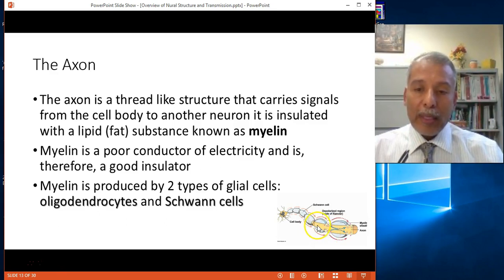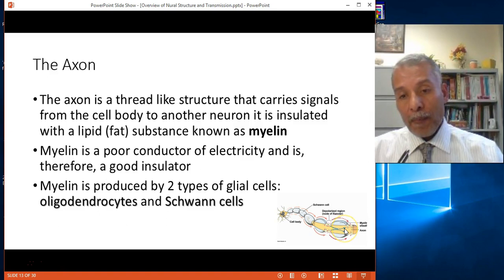And then when the current reaches these gates, it depolarizes the gates, and it causes the sodium and potassium to go in and out. And that basically is the firing. And then it continues to the next.